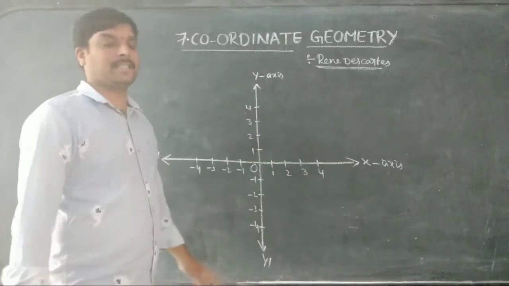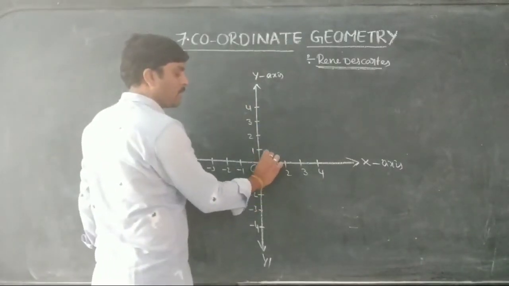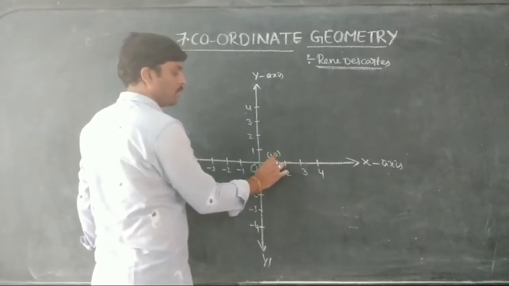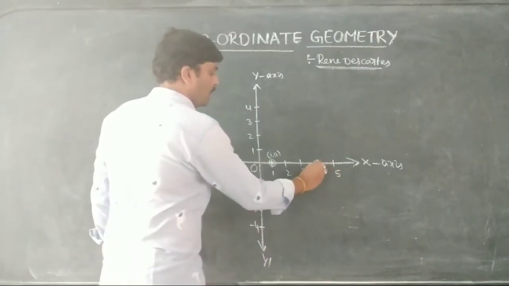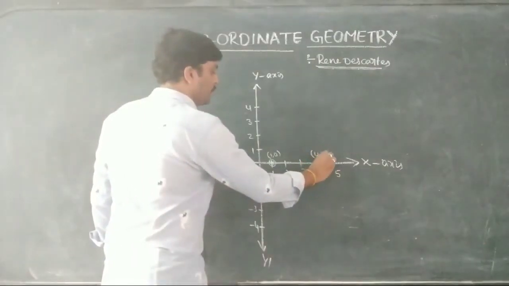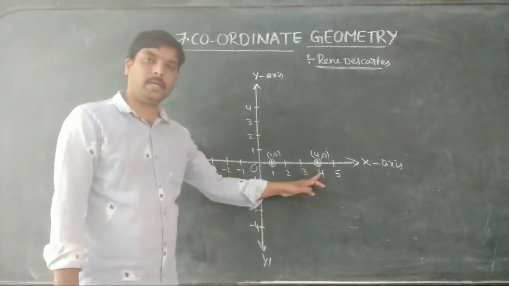Take the x-axis and y-axis. The point on the x-axis is 1 comma 0, and here it is 4 comma 0. What is the distance from here to here?